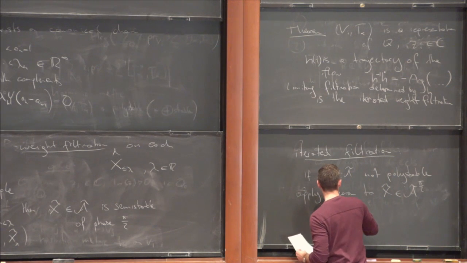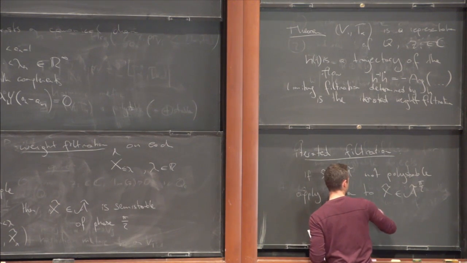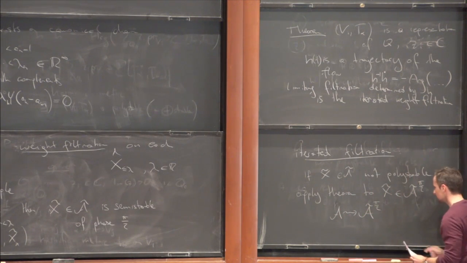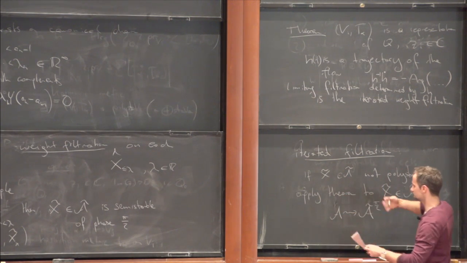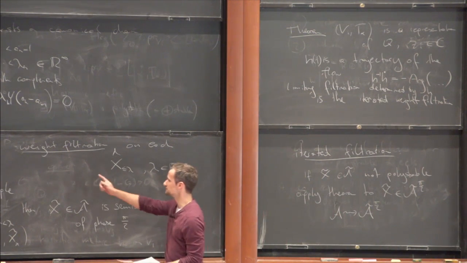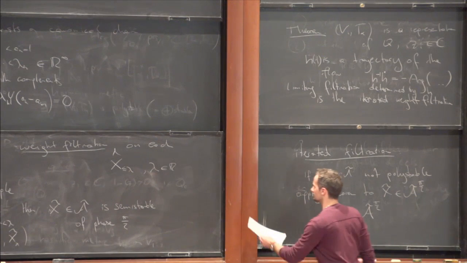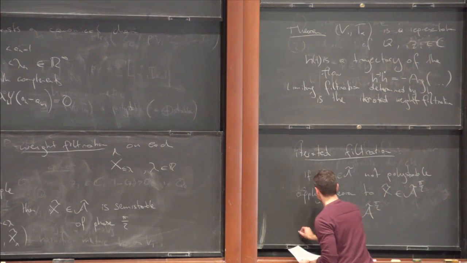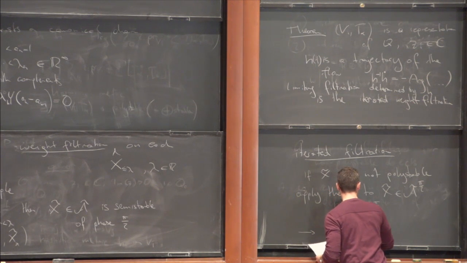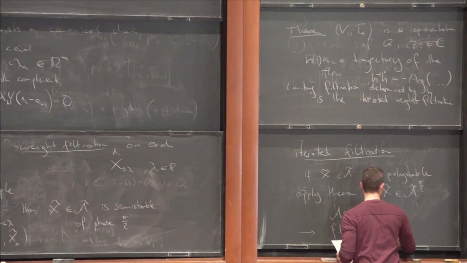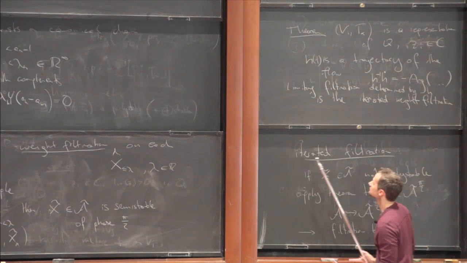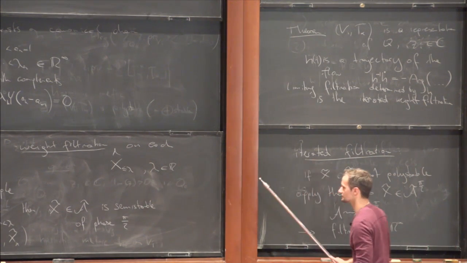So a gets replaced by a tilde pi over 2. And you continue this construction, this determines actually a filtration not just by real numbers, but by this R infinity. So you don't need to prove a new theorem, you just apply it again and again.